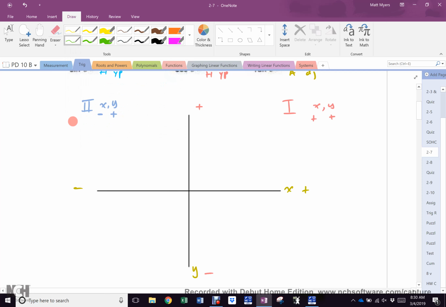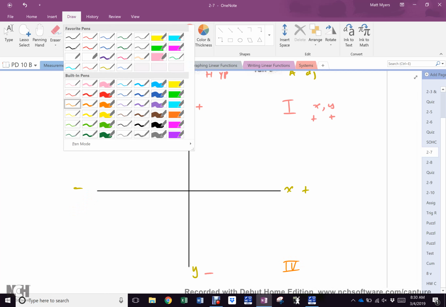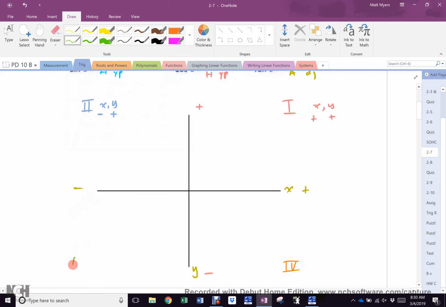Quadrant 3 and my good friend quadrant 4. I should have written it down here. You people finish that drawing up, put in the information. I will wait a second for you to do so. Why?